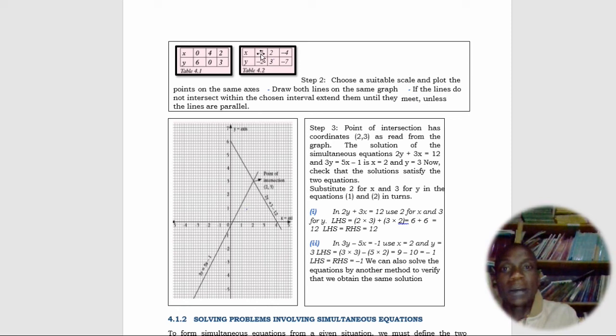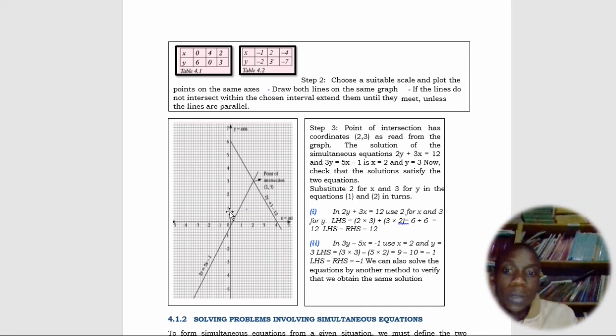If x equal minus 1, here, y equal minus 2. If x equal 2, y equal 3. And if x equal minus 4, y equal minus 7. You see, minus 7 down here.